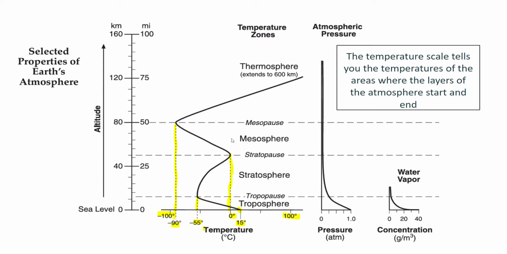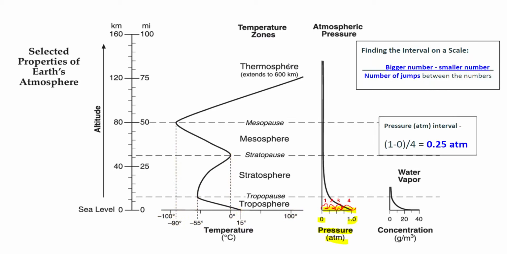In the mesosphere, my temperature goes from 0 all the way to negative 90 as I'm going up in altitude. So my mesosphere's temperature is decreasing. My thermosphere starts at negative 90, and as I'm going up in altitude, notice that it's going to around 100 degrees Celsius. So my thermosphere is actually increasing in temperature.